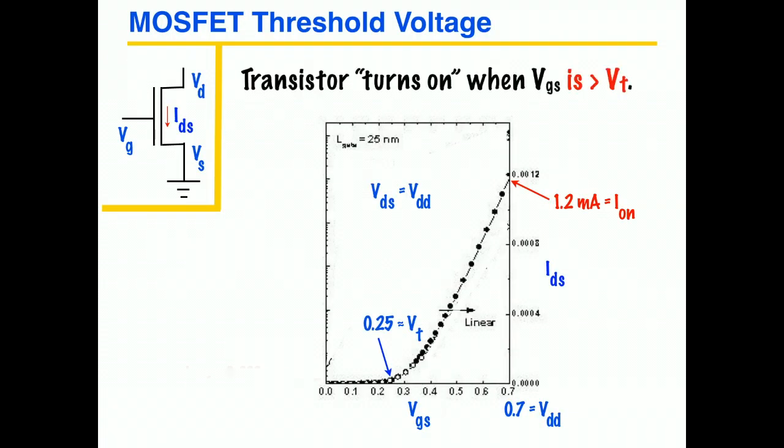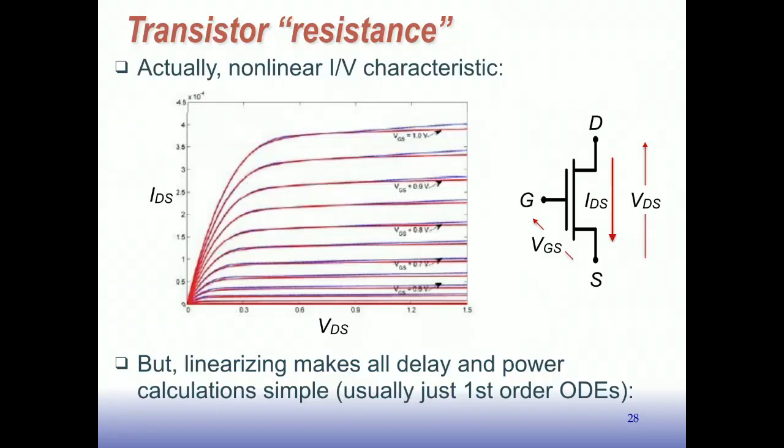But it turns out transistors are not really resistors, they look like this. This is showing, for this device, the current as a function of the voltage across the source to drain, and each curve here is for a different amount of gate voltage.